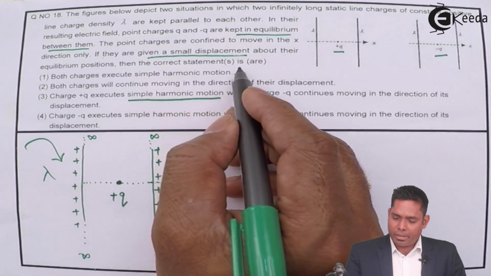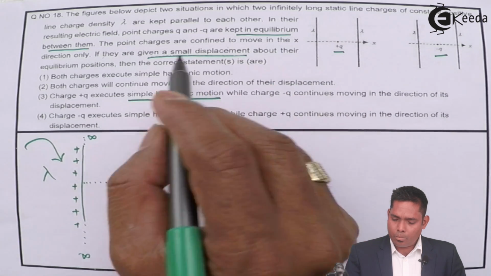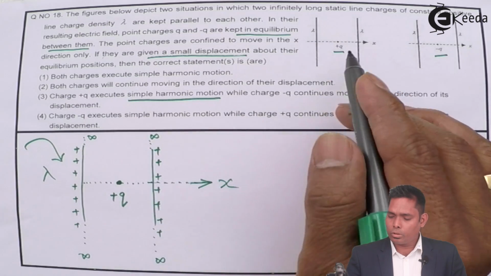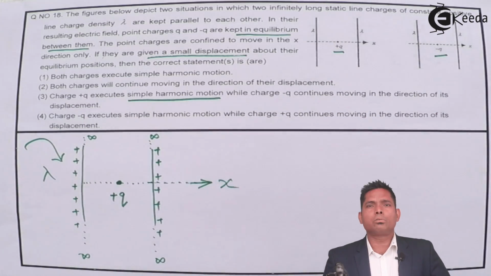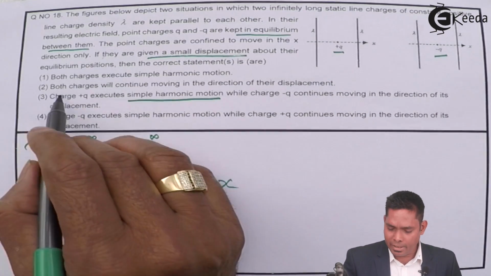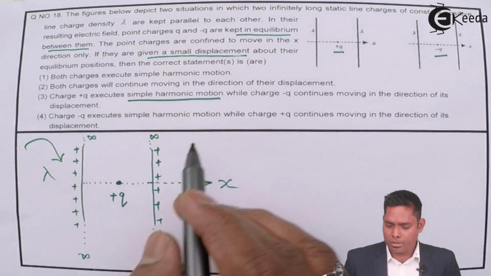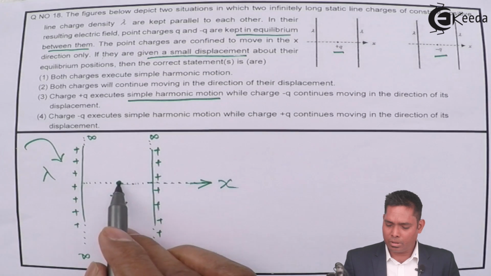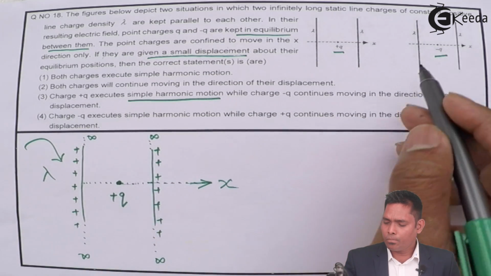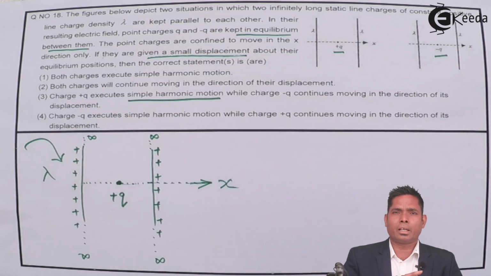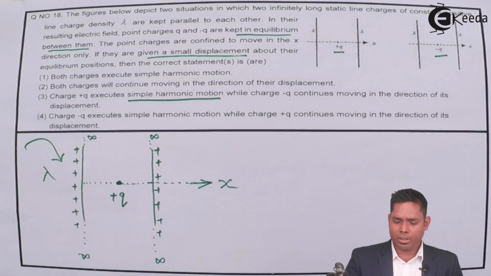then the correct statement or statements are: first, both the charges will execute simple harmonic motion, whether in both situations the particles will have SHM. Second, both the charges will continue to move in the direction of displacement. Suppose I displace this in this direction, whether this will continue to move in this direction, that is, in both the cases, whether they are moving in the i cap direction or minus i cap direction.